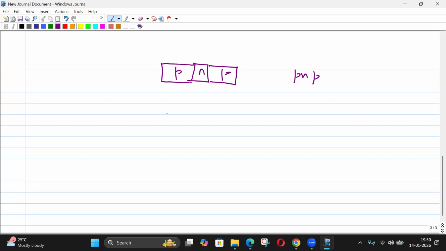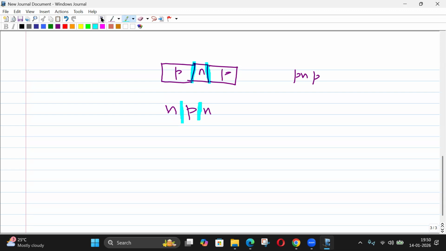Similarly, I can also have N, P, N. This is an NPN transistor. Here there will be depletion regions. There are two junctions. One junction is here, and the other junction is here. Similarly here also there will be one junction here, one junction here.